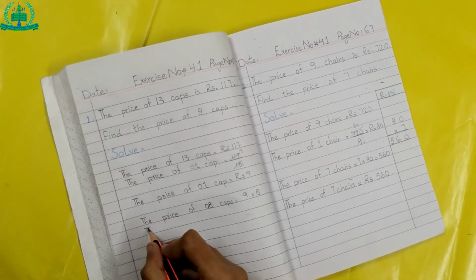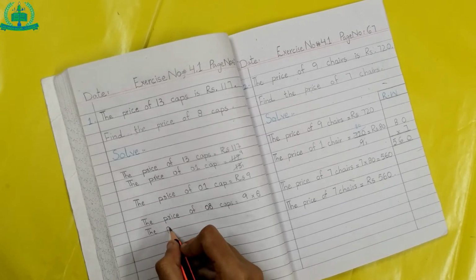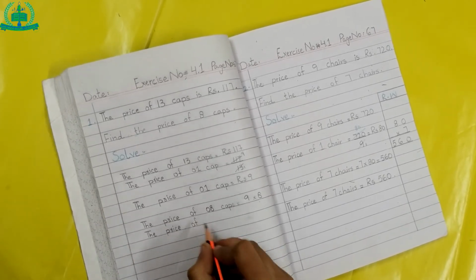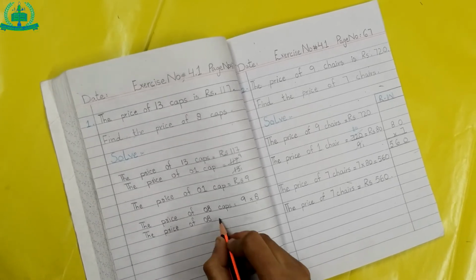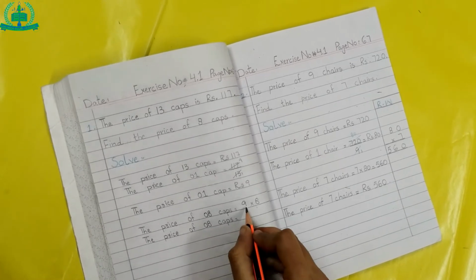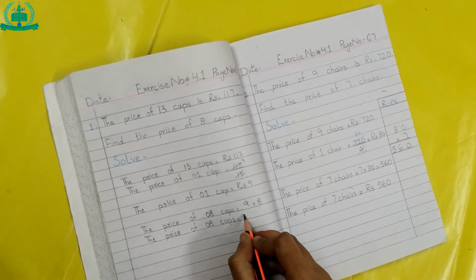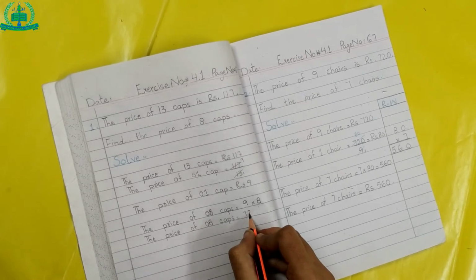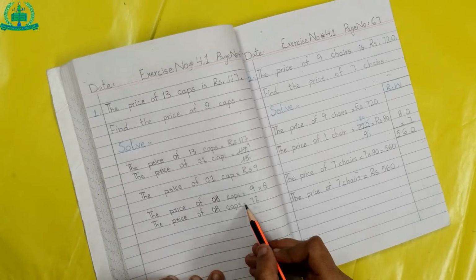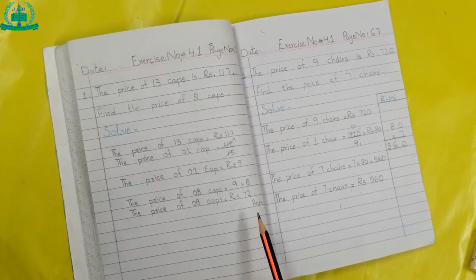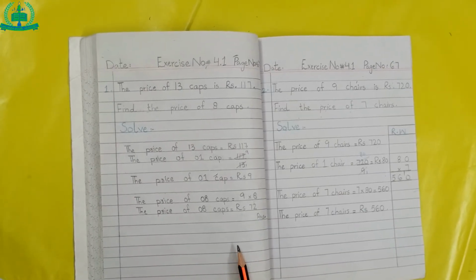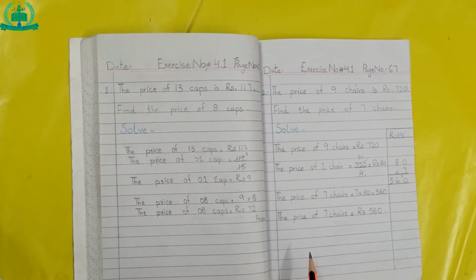The price of 8 caps is equal to 9 multiplied by 8, 72. 9 multiplied by 8 is equal to 72. The answer is rupees 72. I have explained you question number 1. Do question number 2 by yourself.